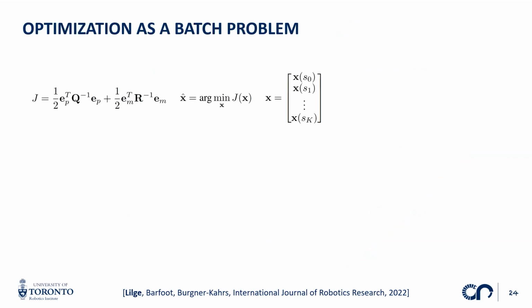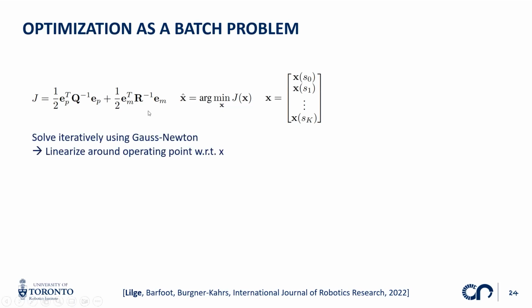So we can set up our problem as a batch problem. We have this cost function J, which consists of these prior terms now and the measurement terms. And we want to find our most likely robot state X that minimizes these costs, where X is just all of my robot states along the arc length going from the root to the tip, stacked in one vector as a batch problem.